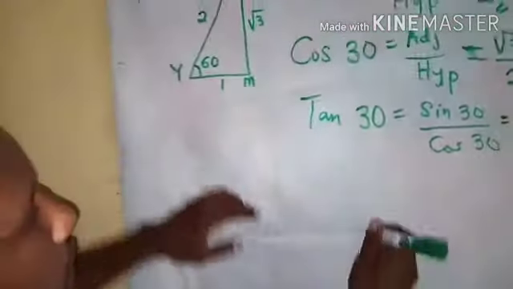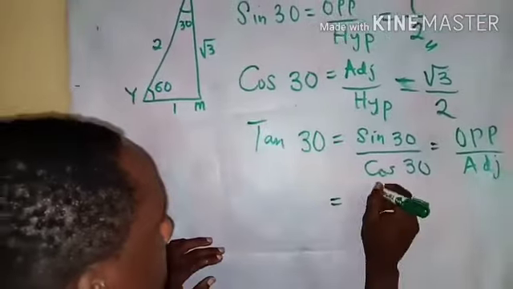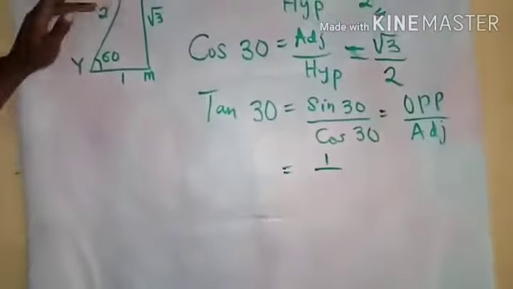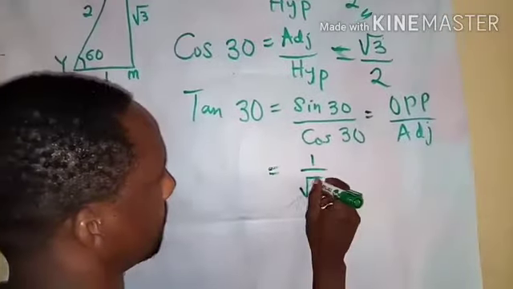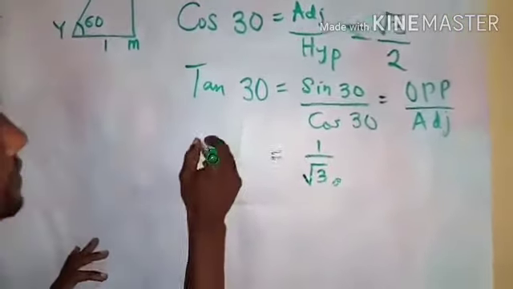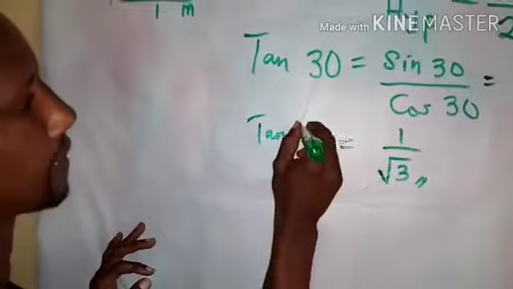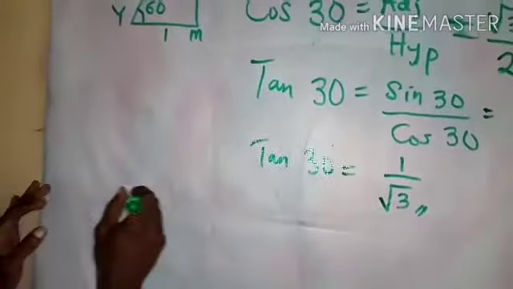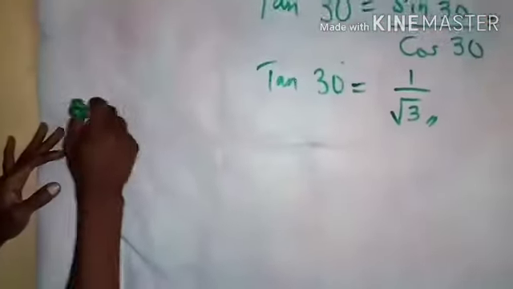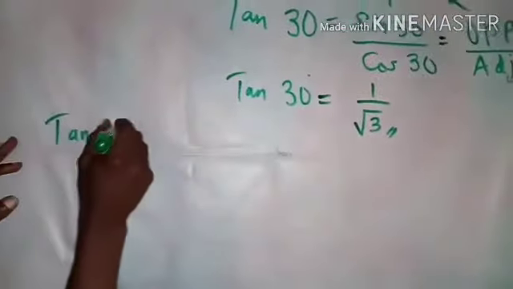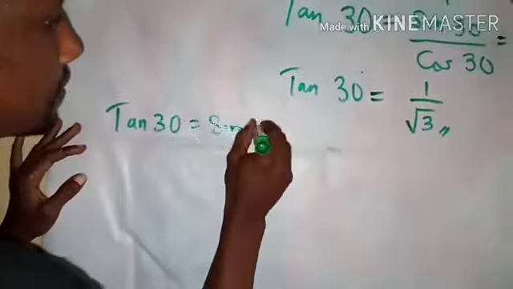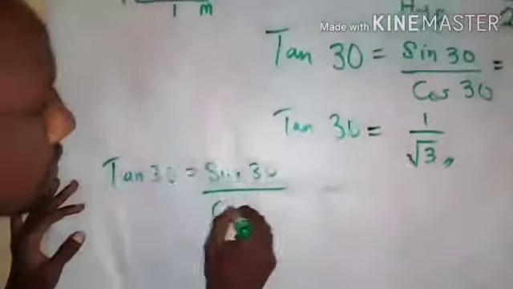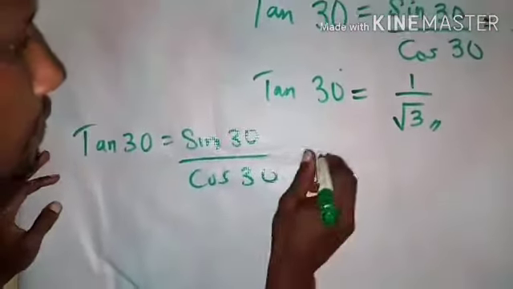Opposite is 1. And what's adjacent? Adjacent is √3. That is tan 30. So using tan 30 equals sin 30 over cos 30.